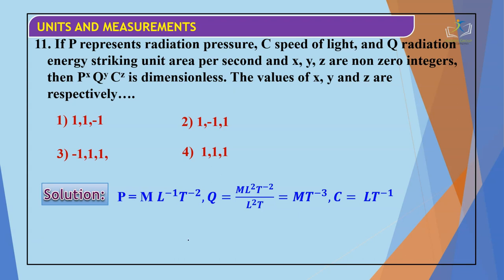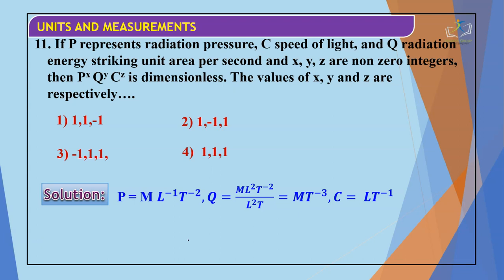We just put the values of P, Q, and C. P is given as radiation pressure, so I'll put the radiation pressure dimensions. Similarly I did with Q, which is radiation energy, and the last C, which is the speed of light. For the speed of light or any kind of velocity, we have the dimension L T minus 1.